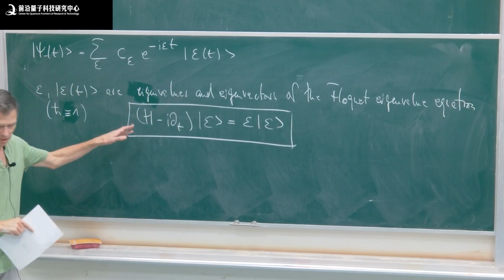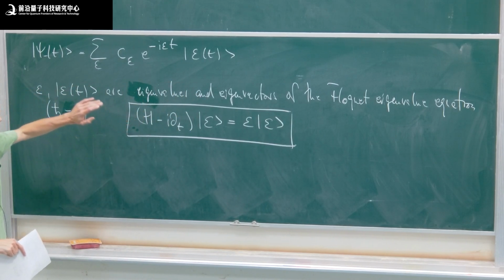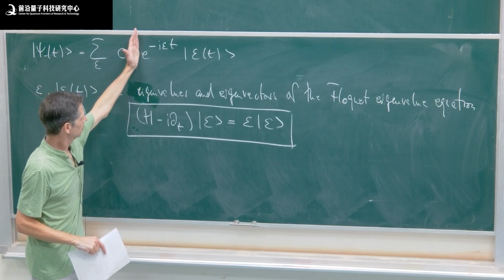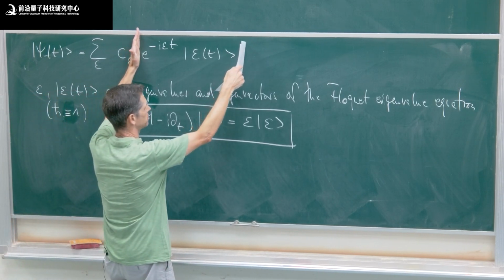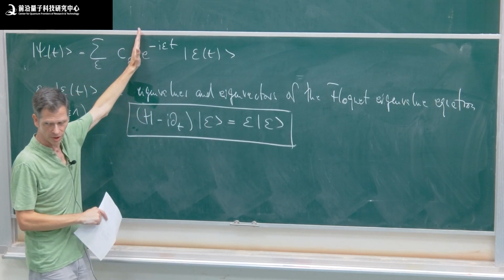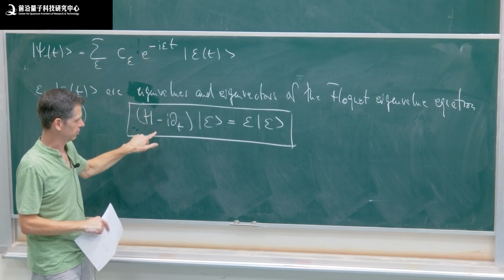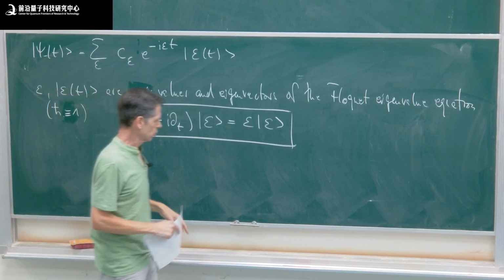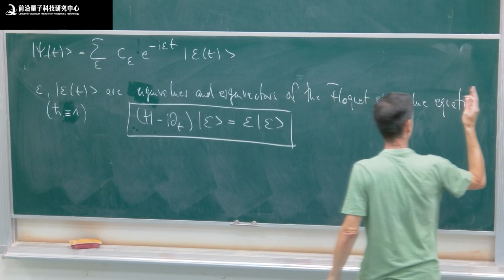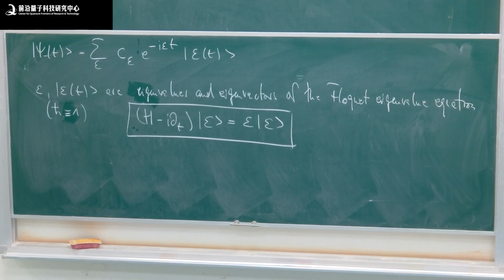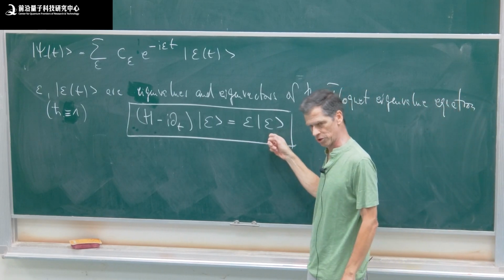And actually we will see in a minute that this drops out from plugging this into the standard Schrödinger equation. And when you do that, you get this. So the constructive recipe is you write down your Hamiltonian, you subtract this i d_t, and then you solve this eigenvalue equation.